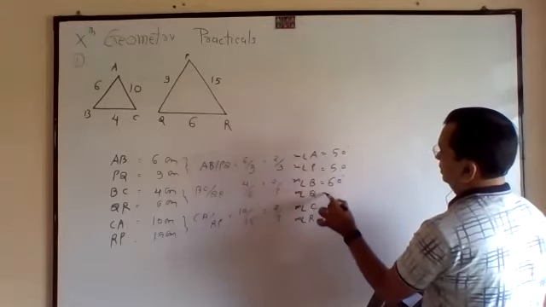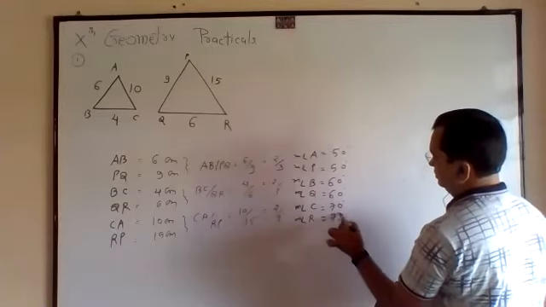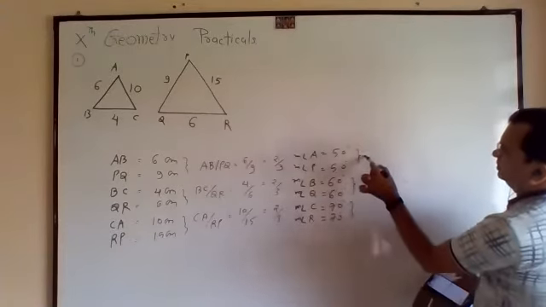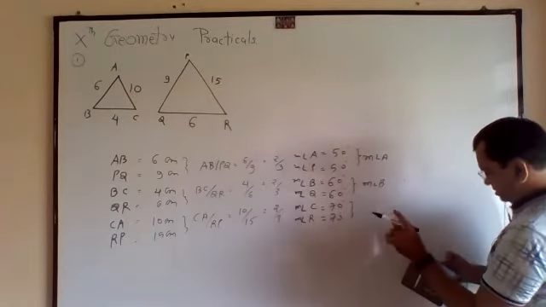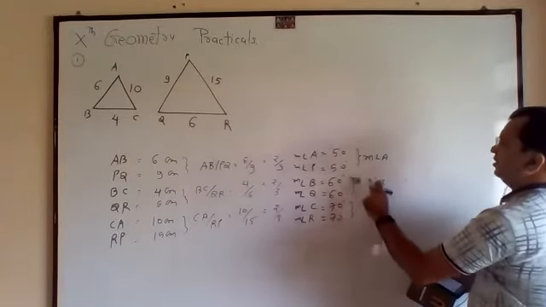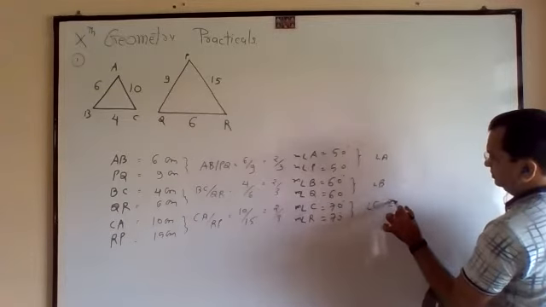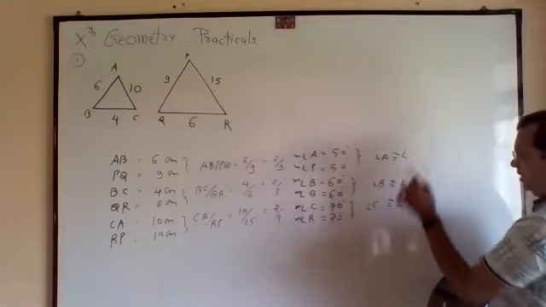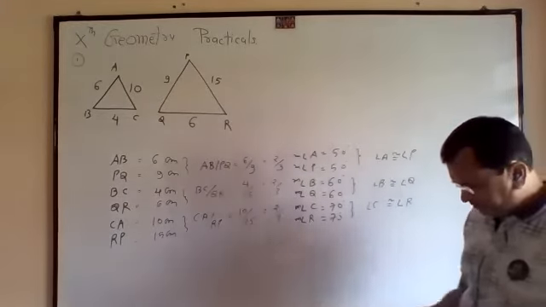It is 60, 60 degrees. It is 70, 70 degrees. Again pairwise you have to write measure of angle A, measure of angle B. Sorry, now we will not write equal, we will write congruent.